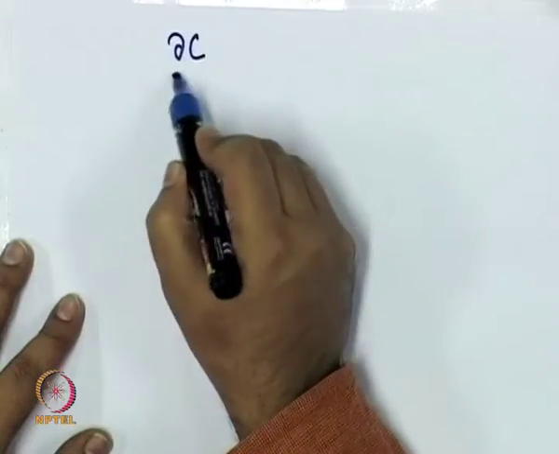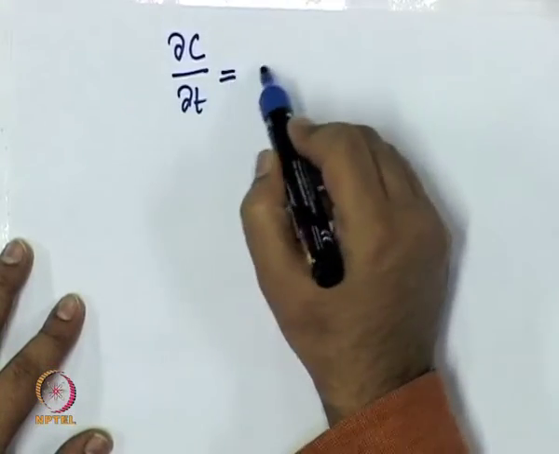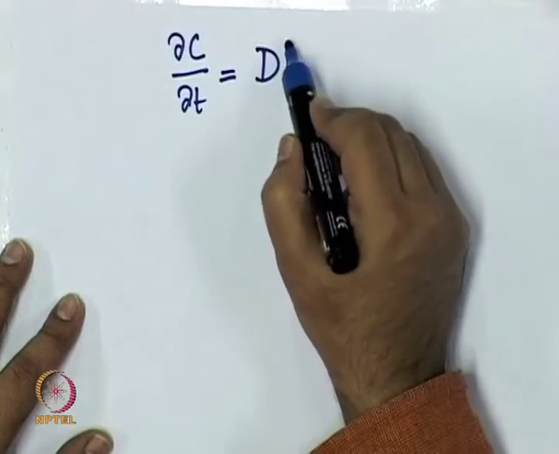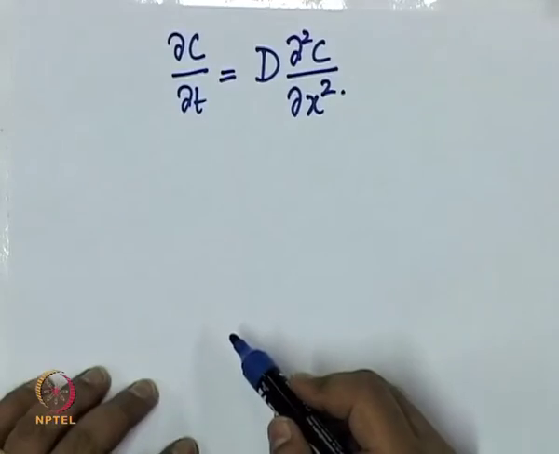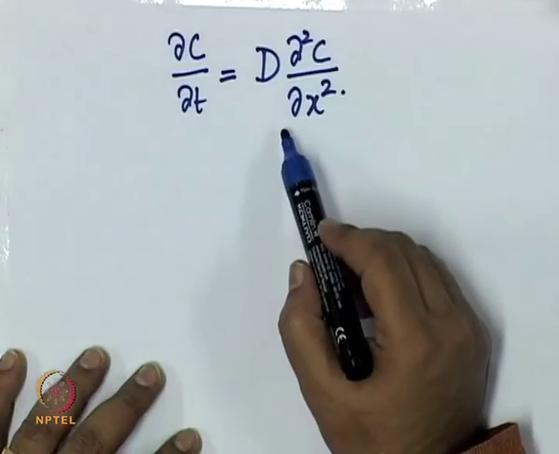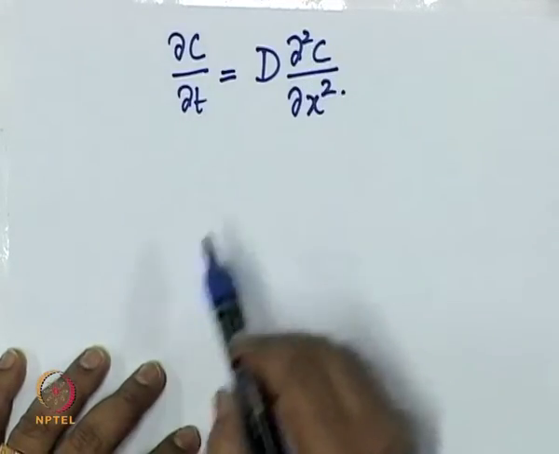Now, let us take this second equation and find out what does it mean physically. To do that, I am going to write the diffusion equation in 1D. So, let me write dou C by dou t is equal to D del squared C by del x squared.